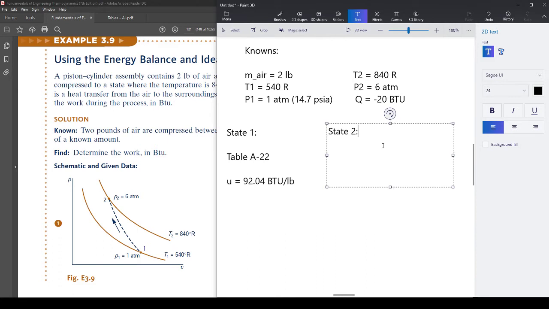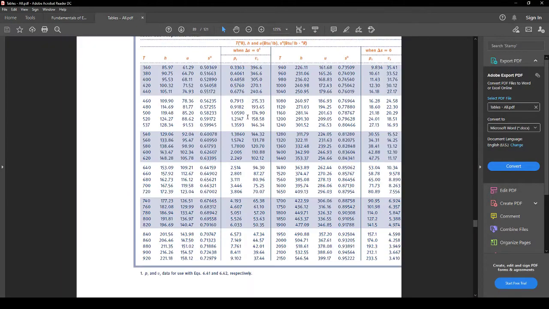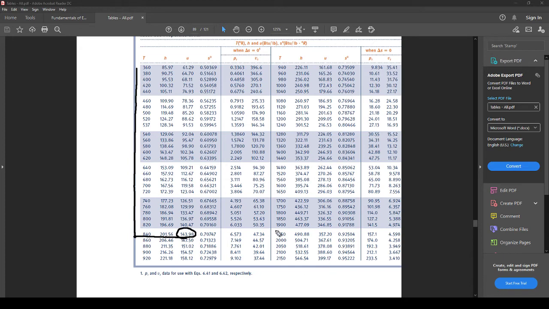So then let's go to state 2. State 2, we have 840 Rankine, pretty straightforward. Since we have 840, we just go right to the table and figure out what 840 is. You go down the list, right across to 840, and you grab that value right there, which is 143.98.